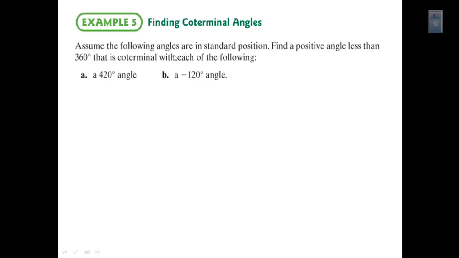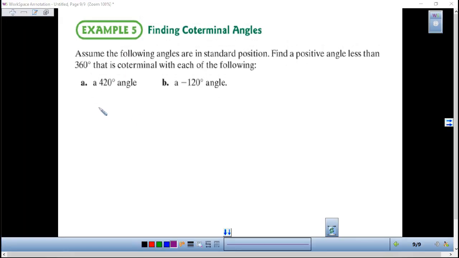All right, so assume that the following angles are in standard position. Find a positive angle less than 360 degrees that is coterminal with each of the following. So if we're looking for an angle less than 360 degrees and we have 420, we know we're going to have to subtract. We're only going to add or subtract 360 degrees from a degree measure. So we're going to do 420 degrees minus 360 degrees, and that's going to give us a coterminal angle of 60 degrees.